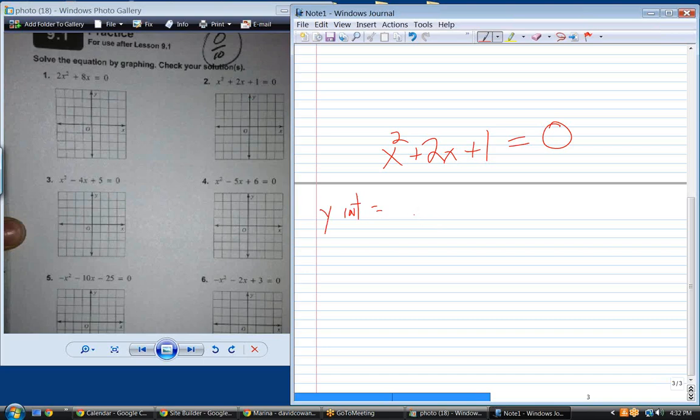The y-intercept happens when we plug in 0 for x. Is it 1? Yeah, that's what it would be, when you just take this expression and evaluate it with 0 plugged in for x. Okay.